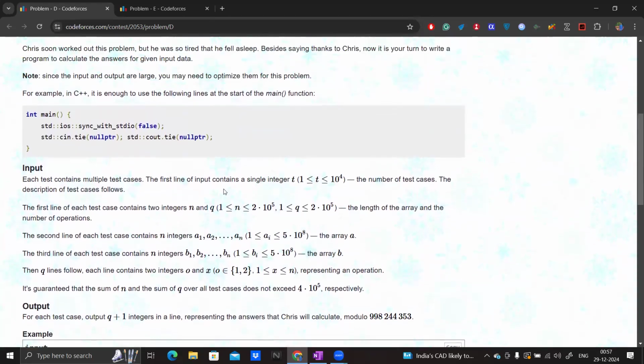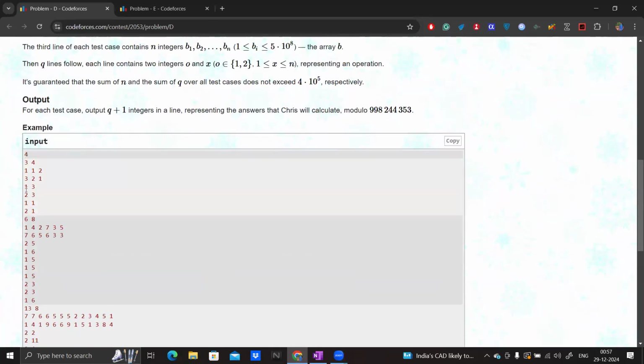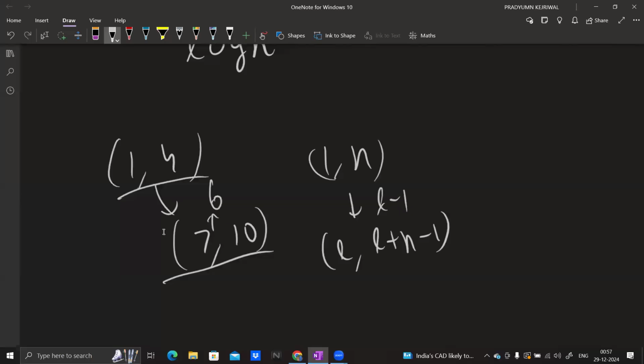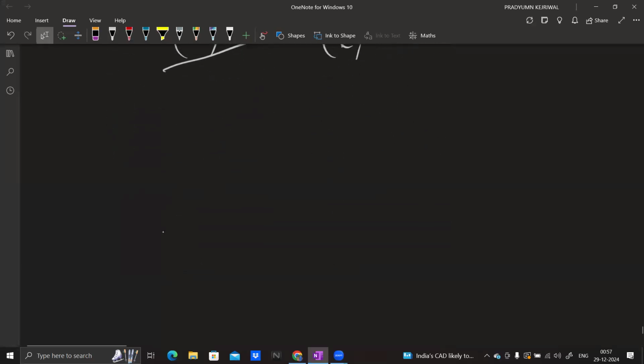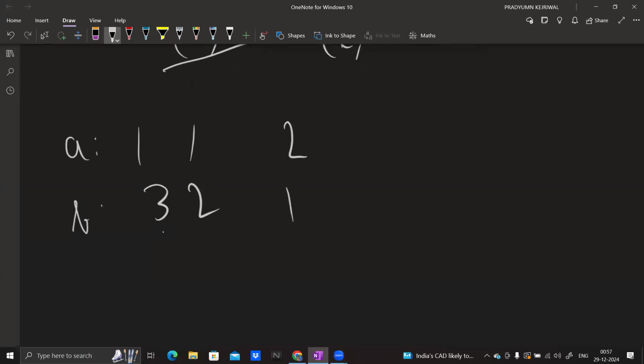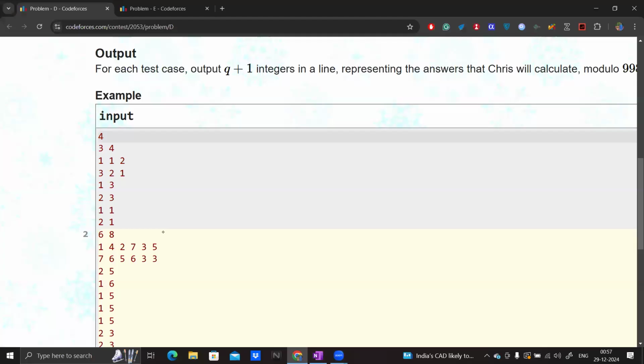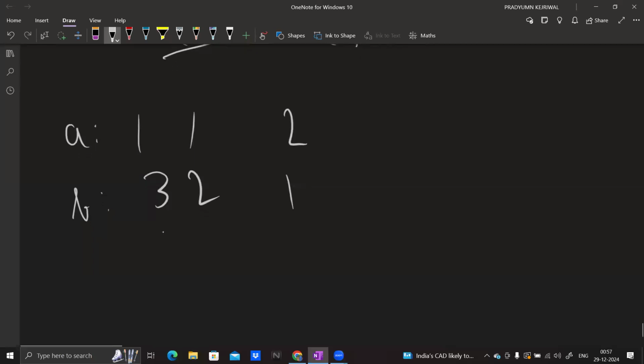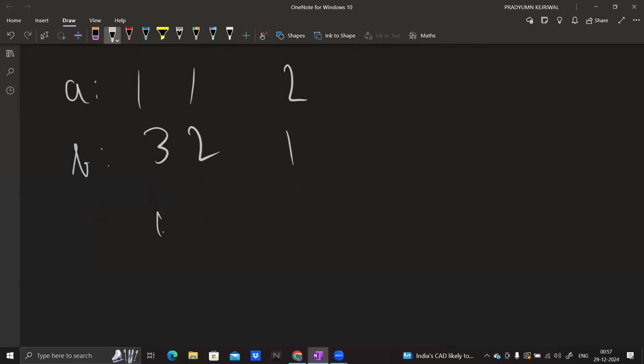All right. Let's just say our test case is 1 1 2 and 3 2 1. This is A and this is B. In this case, the optimal approach would be to rearrange B, as A will remain 1 1 2 and B will become 1 2 3.